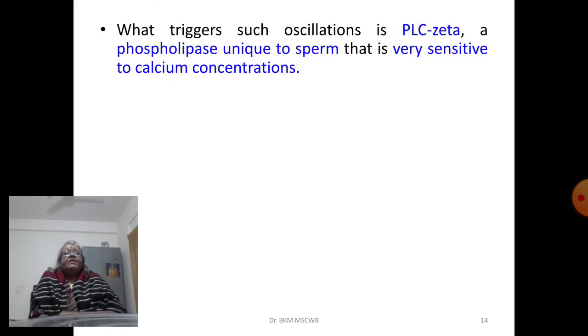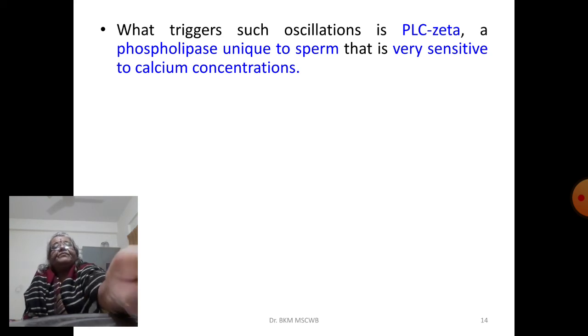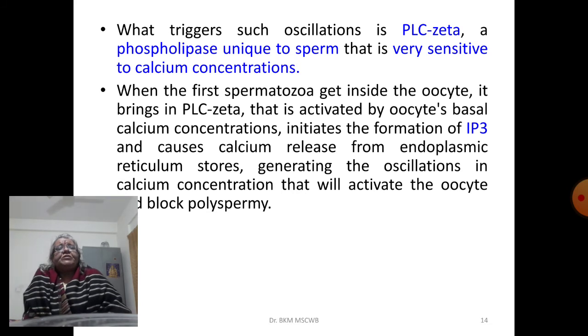Then, what triggers such oscillations is PLC zeta. What is it? PLC zeta is a phospholipase enzyme, very unique to sperm, and very sensitive to calcium concentrations. When the first sperm gets inside the oocyte, it brings in PLC zeta, which is activated by the oocyte's basal calcium concentrations.